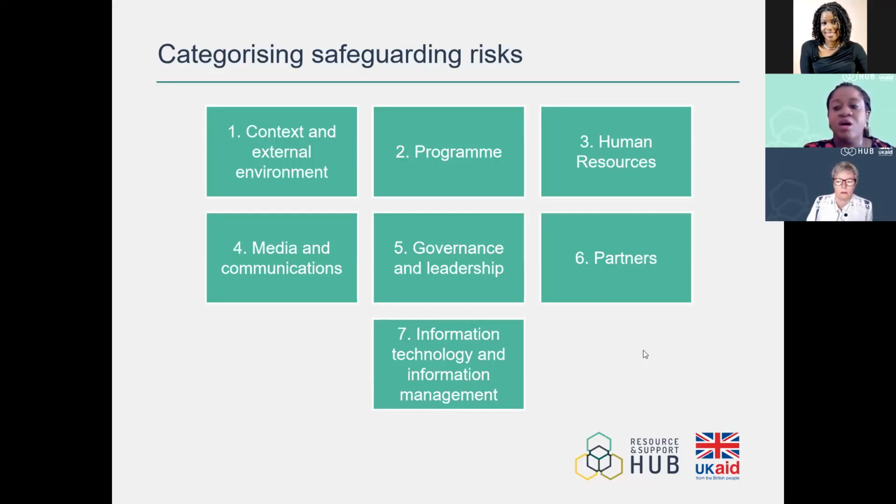Are they at risk of those people causing harm to the beneficiaries? Now, the other one, governance and leadership, is actually quite central, because governance and leadership is essential in safeguarding, and we cannot have a robust safeguarding process with weak governance and leadership.